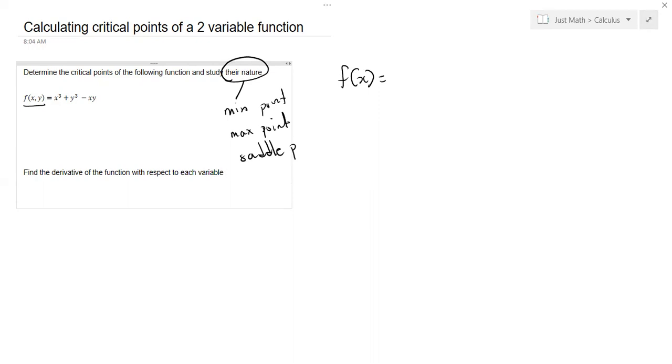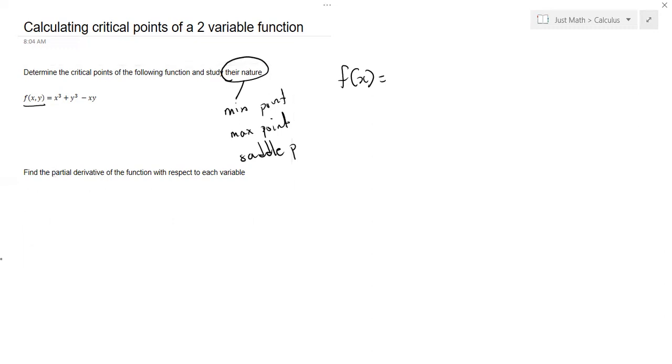We're going to find the derivative of the function with respect to x and with respect to y. Let me use the word partial derivative. So we're going to find the partial derivative of the function with respect to each variable.